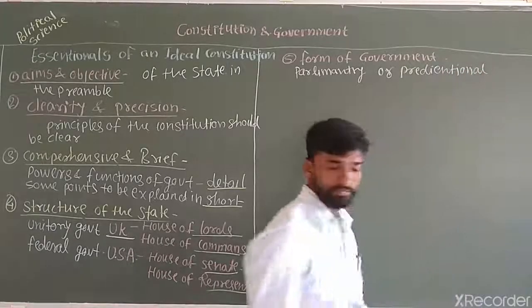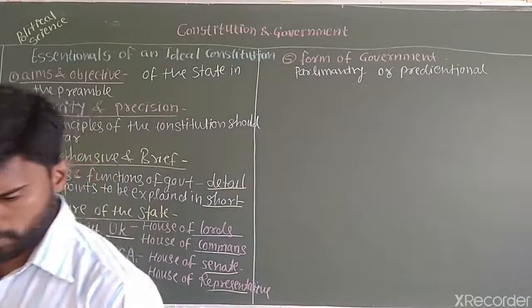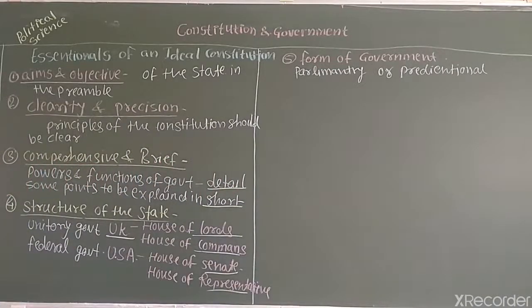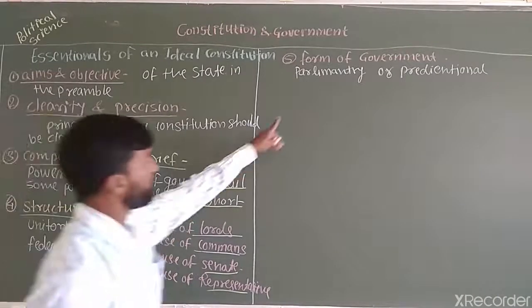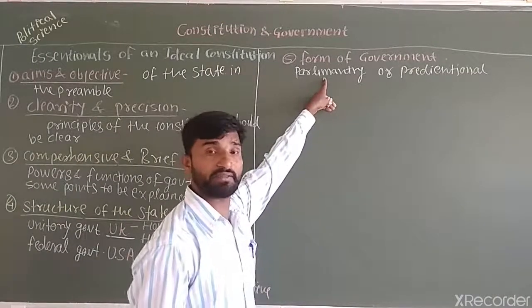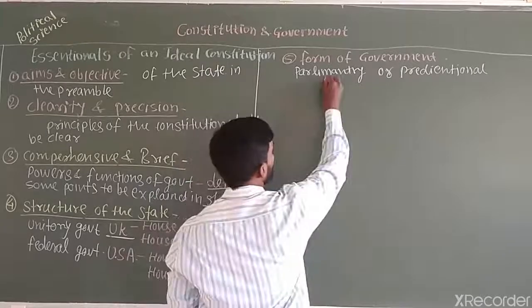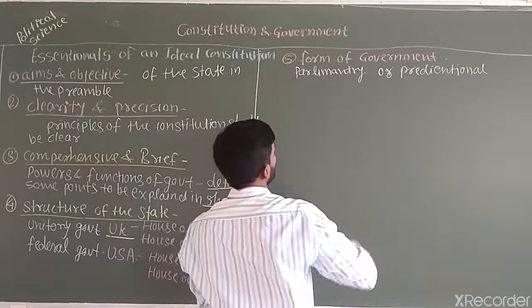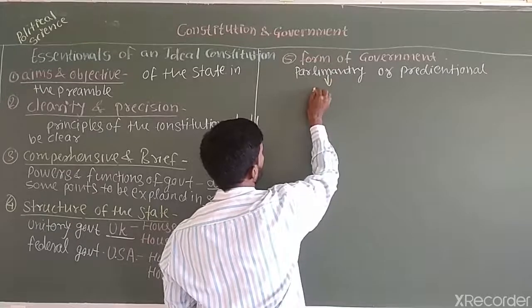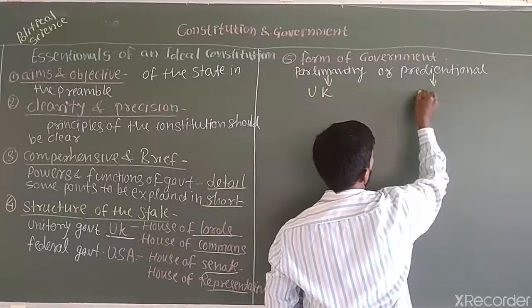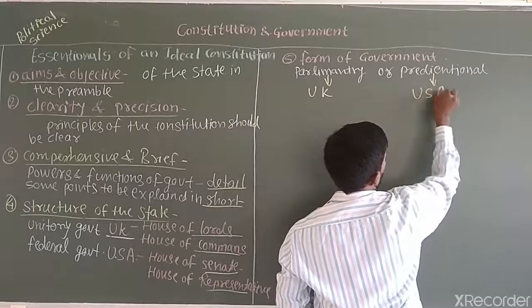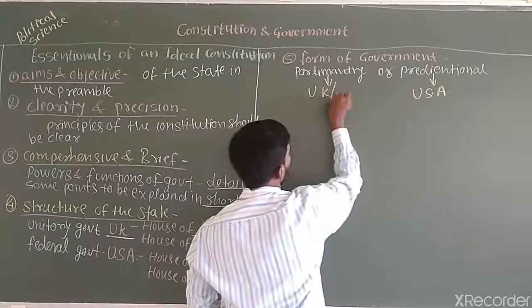You can see both with the same example, UK and USA. Parliamentary system is there in the UK, whereas presidential system is there in the USA. Even India.